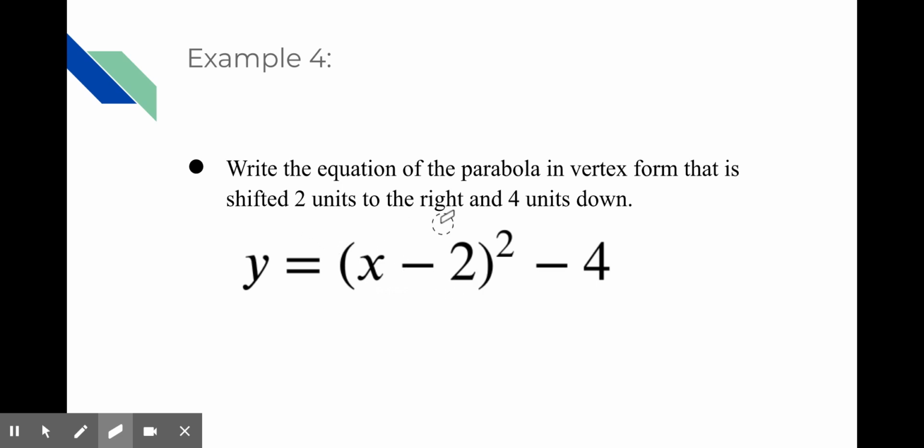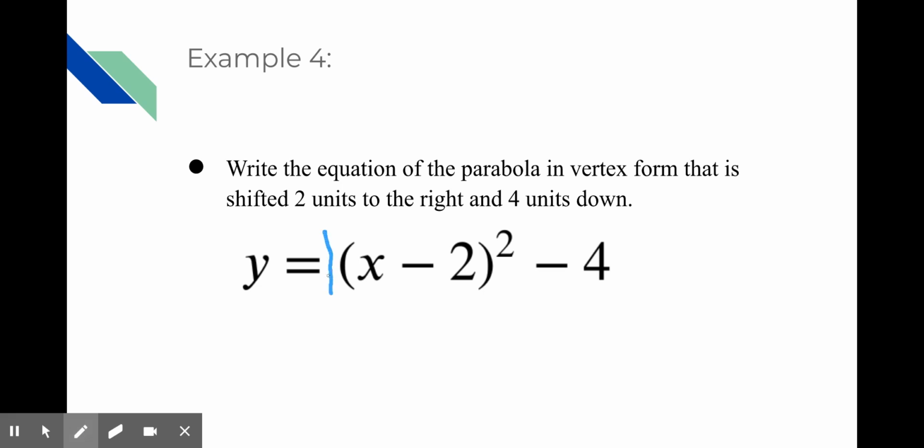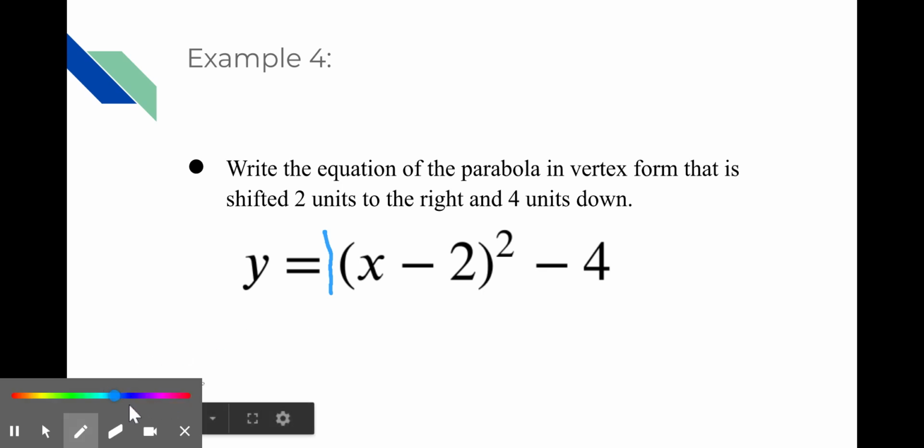It's minus 2 because it's going to the right, and then 4 units down. And you could put, for example, a 1 right here in front of your parentheses to represent your scale factor as 1, but you don't have to. Either way is right. But if they don't tell you your scale factor, assume that it's 1.